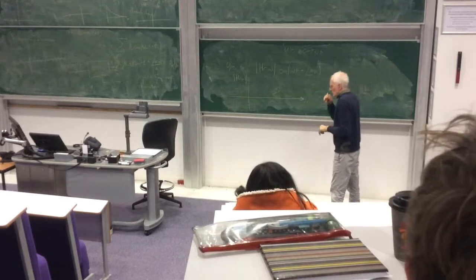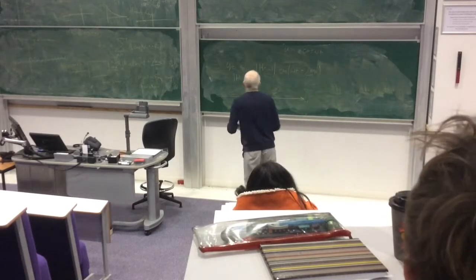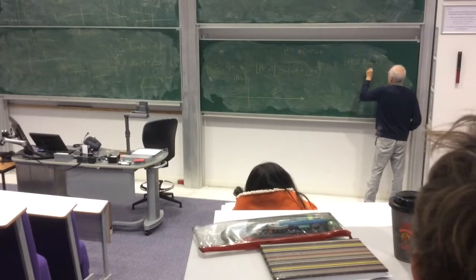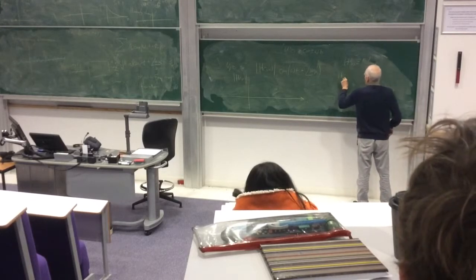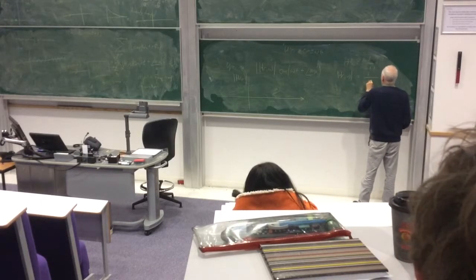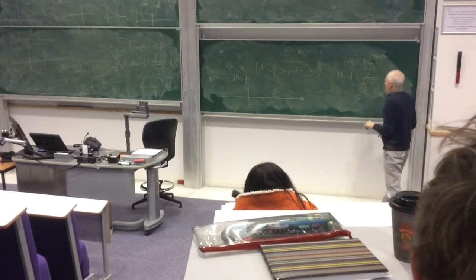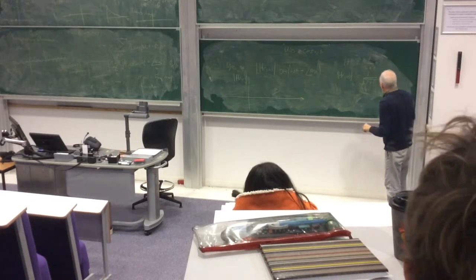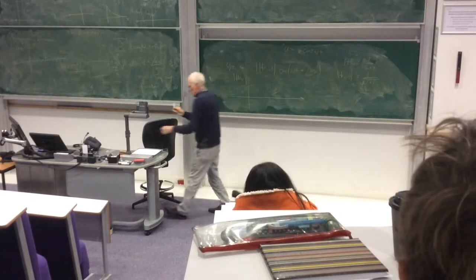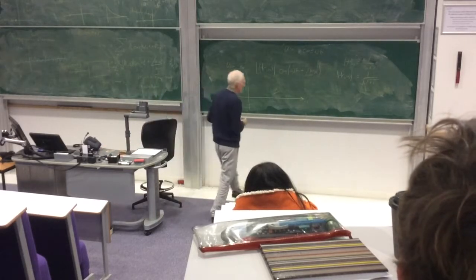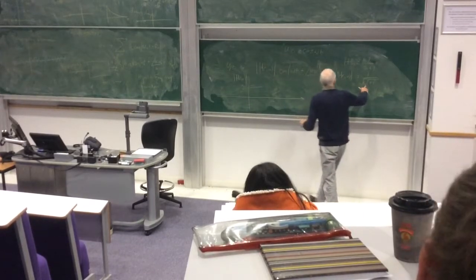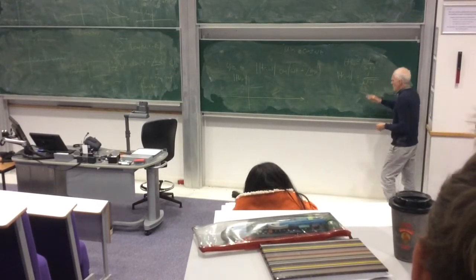Depending on the type of system, let's take for example this system, where the magnitude of h of j omega is equal to 1 upon the square root of omega squared plus 1. Take that as an example. When omega is less than 1, the thing is just flat and doesn't do very much. It actually has a value of 1. When omega is very large compared to 1, it looks like 1 upon omega.